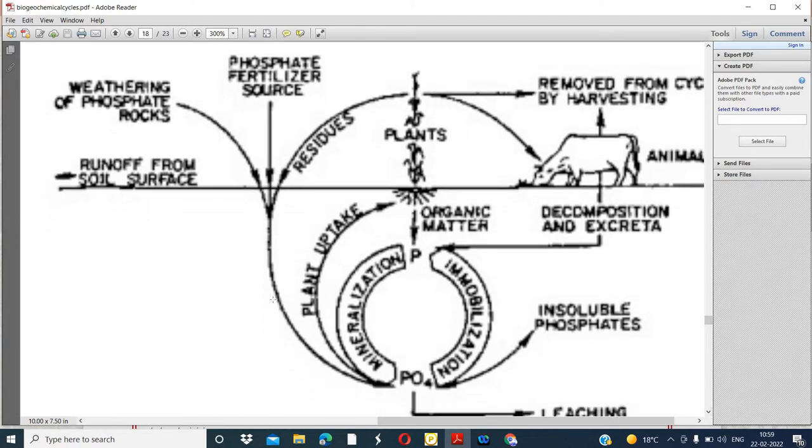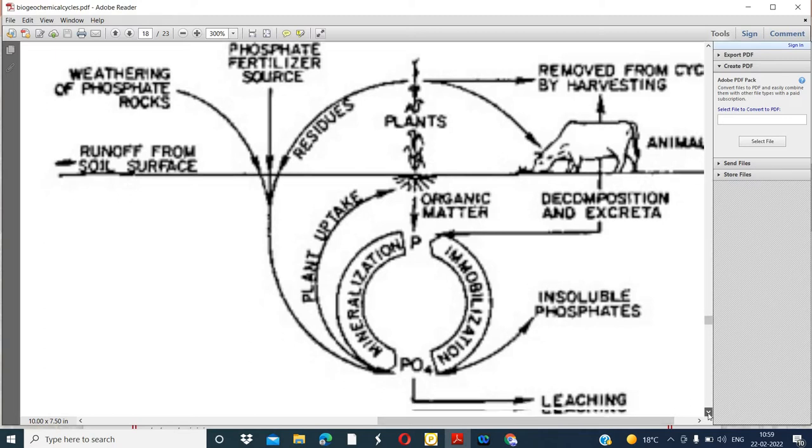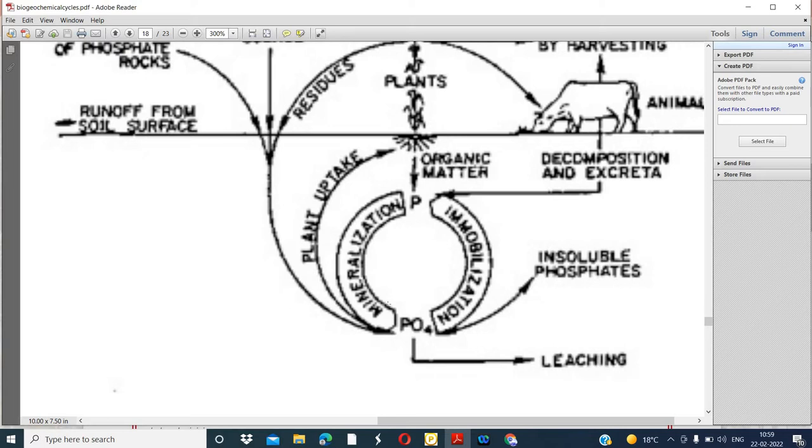Here you can see phosphorus is present in the soil, from where the leaching is done, the bioleaching. This is done by the bacteria. In nature, bacteria decompose this. Bacteria are involved in the leaching process.